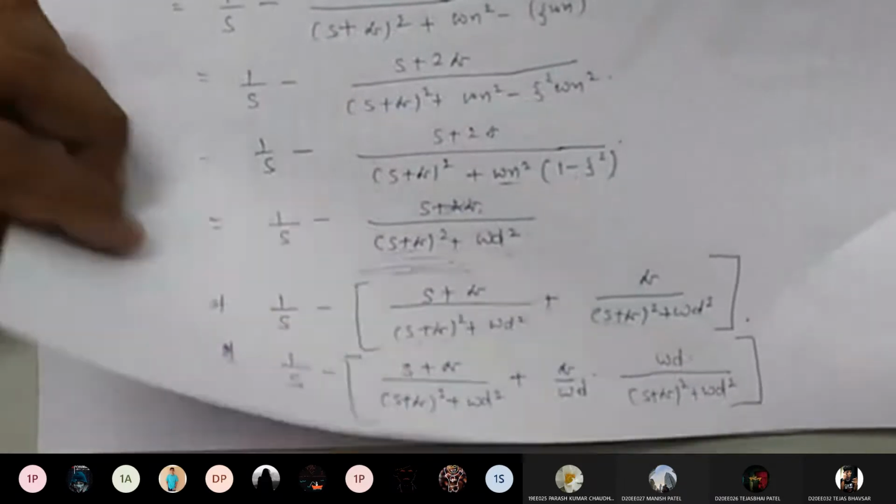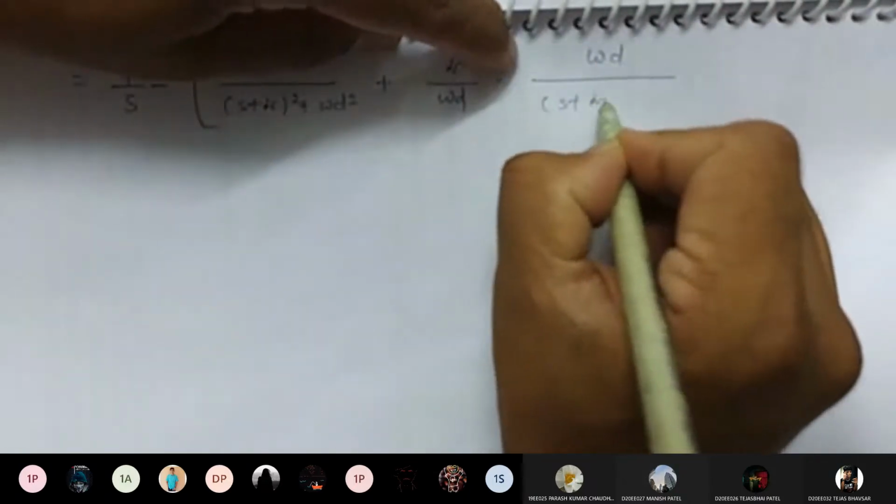Okay, so I am rewriting this equation again. It is equal to 1 upon s minus (s plus alpha) divided by (s plus alpha) whole square plus omega d square, plus alpha upon omega d into omega d, I am rewriting this, upon (s plus alpha) whole square plus omega d square.